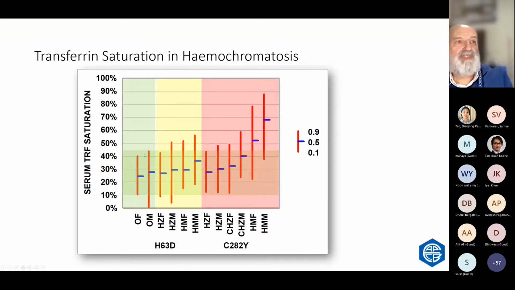And that was because of studies like this that showed that if you had hemochromatosis, you tended to have saturations above 45%, whereas if you had no mutations of the hemochromatosis gene, that's the H63D or the C282Y gene, so in this wild type, the saturations tended to stay below 45%. So the upper limit for saturation is there as a sensitive detection for hemochromatosis, nothing to do with iron deficiency.